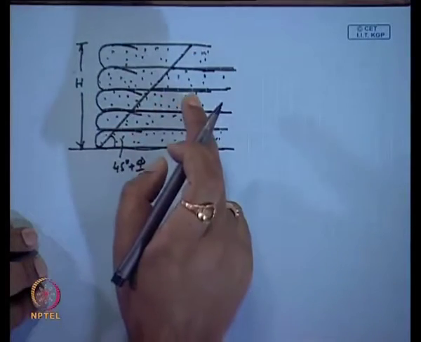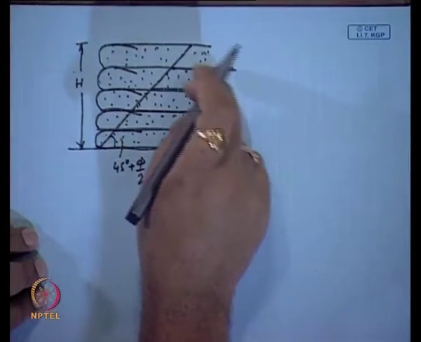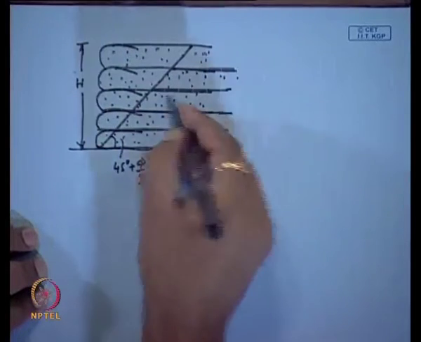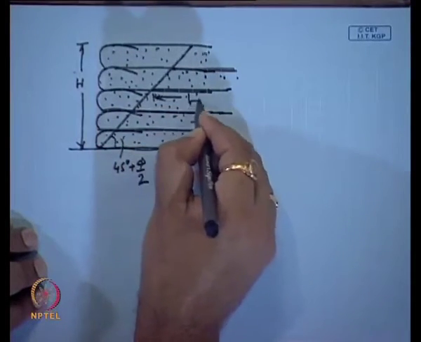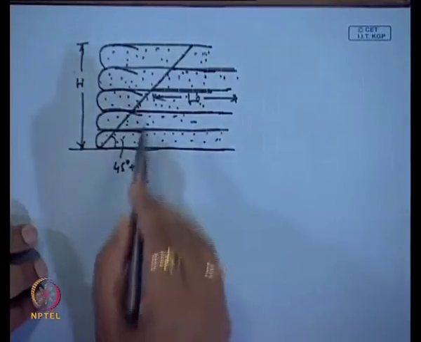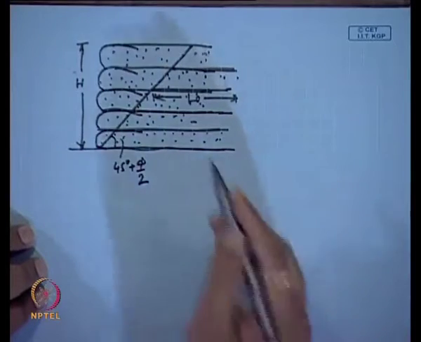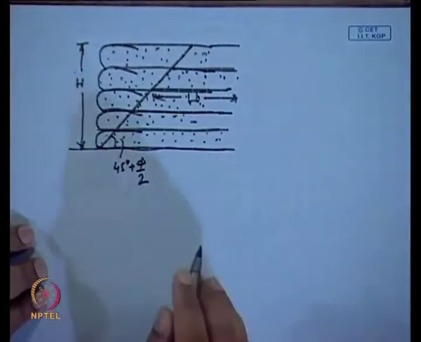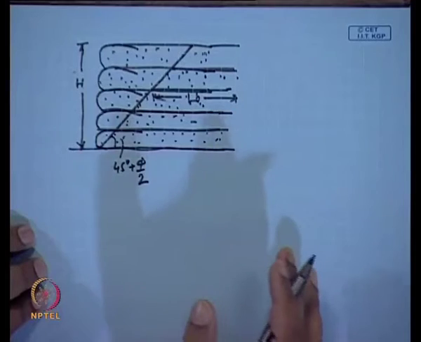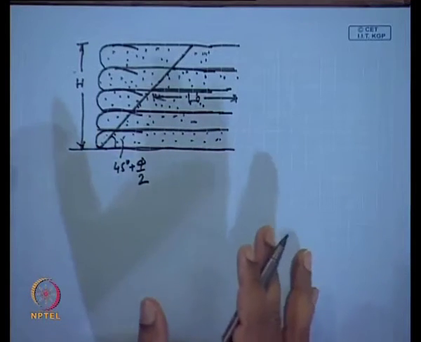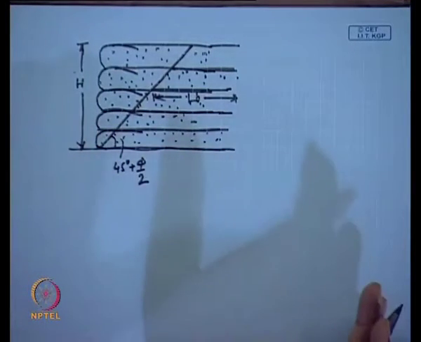This is possible if sufficient anchorage length of the geosynthetic is provided beyond this failure surface, which is the same as the previous case of the foundation in reinforced soil. There also sufficient anchorage length is required beyond the failure surface, so we have to provide sufficient length beyond the two sides of the foundation.